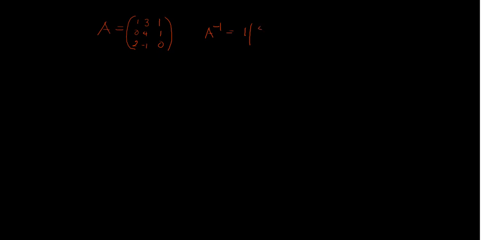Then 3, that's the negative value, and you forget about the row and column: you get 0 1 2 0. And then for the last one you get 0 4 2 minus 1.